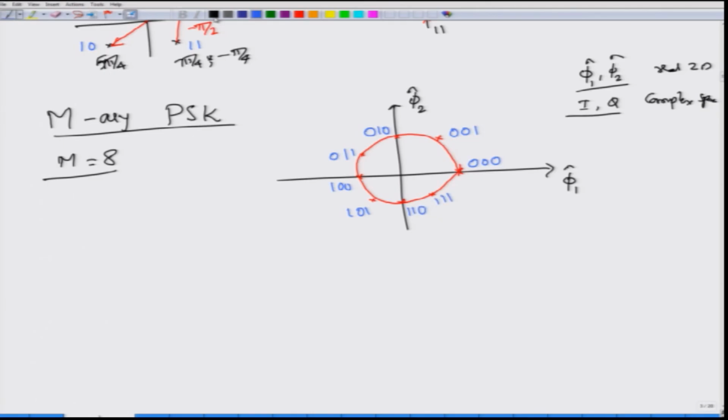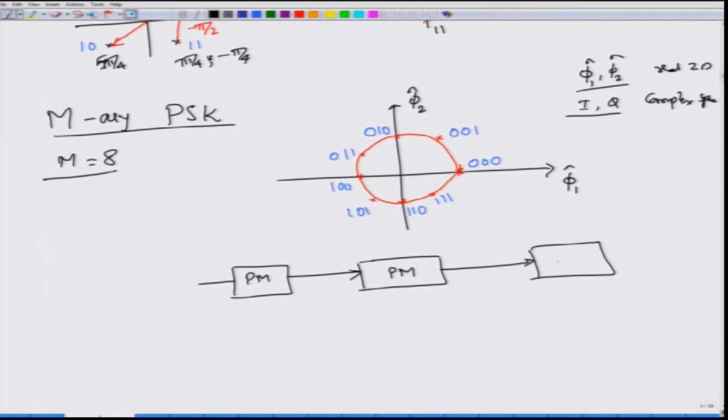How do I implement this? You have the usual culprits, the laser diode and the pulse shaper, but for representing these phases you can simply use 3 phase modulators. This phase modulator will be biased between 0 and pi, in order to generate 0 and pi phase shift. This will give you 0 and pi by 2, whereas this one will give you 0 and pi by 4.